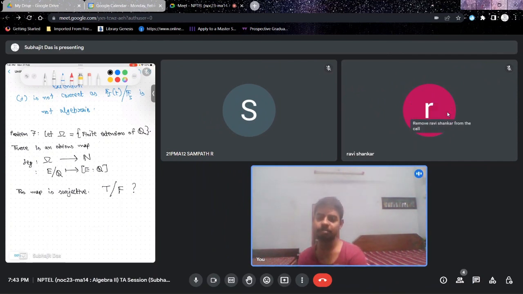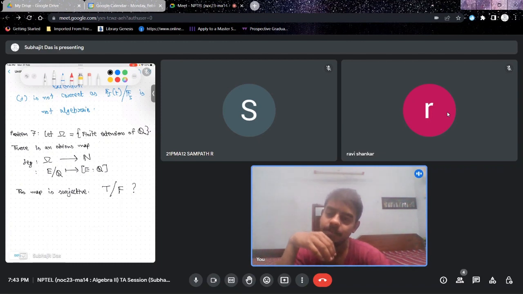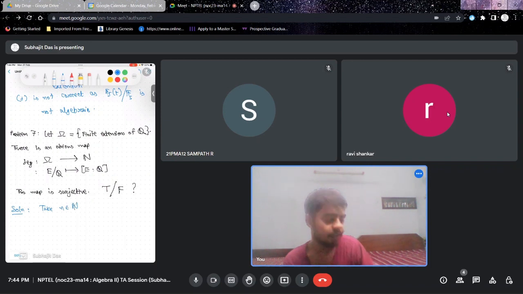So take any natural number in N. Can you find an element in omega? Think about this. Can you find some element of omega which is getting mapped onto that natural number? So, solution: take any n in N. You need to come up with a finite extension of Q whose degree over Q is exactly n, right? This is what you have to do.